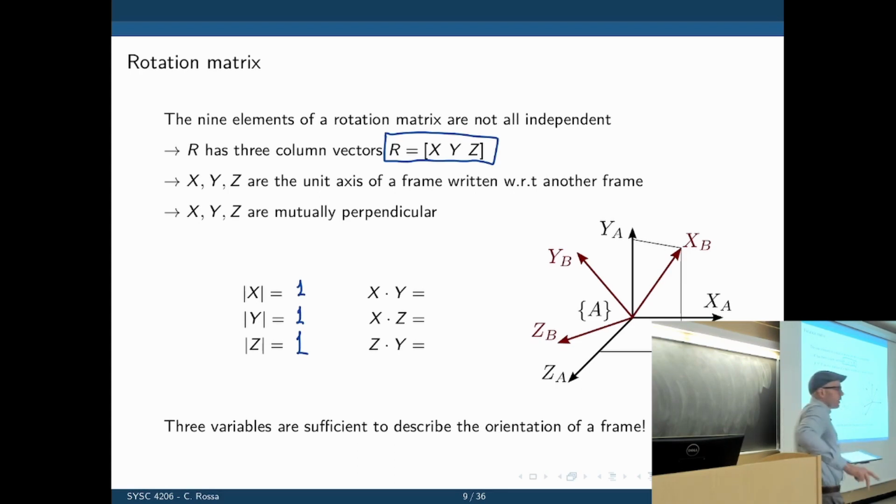Another constraint that we can impose here, or we can see, is the fact that within a given frame, all the constituting vectors are orthogonal, which means that x dot y, the dot product between y and x, is cosine of 90, which is 0.